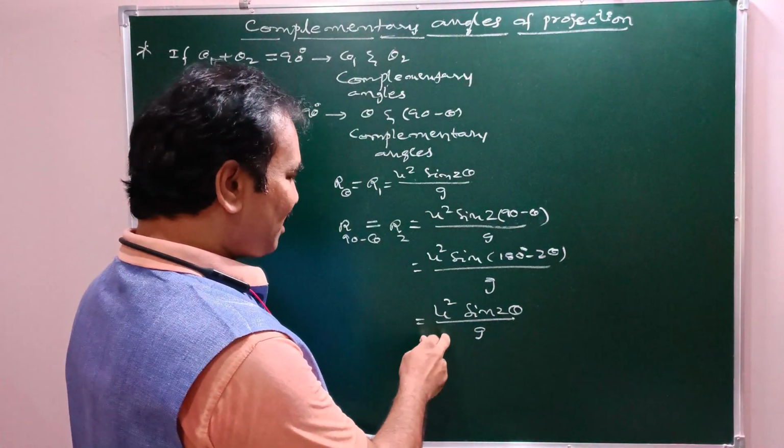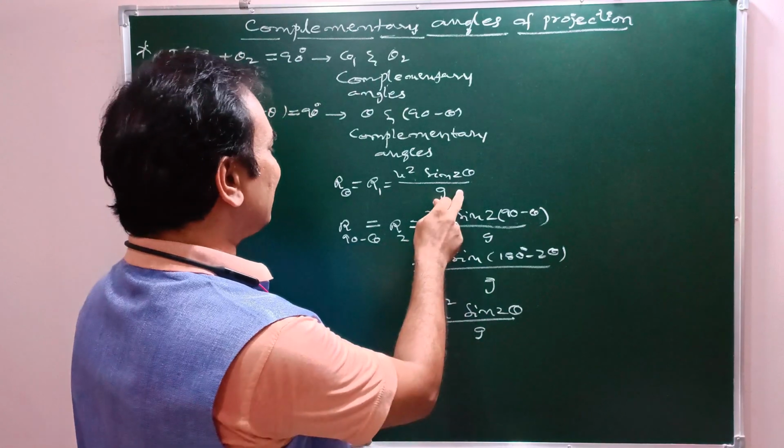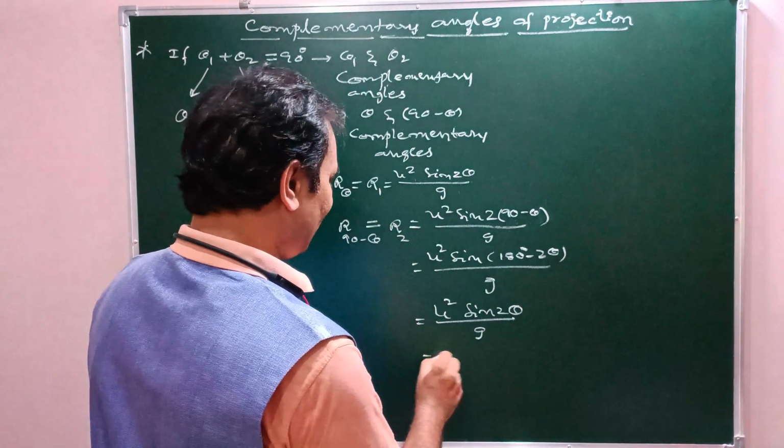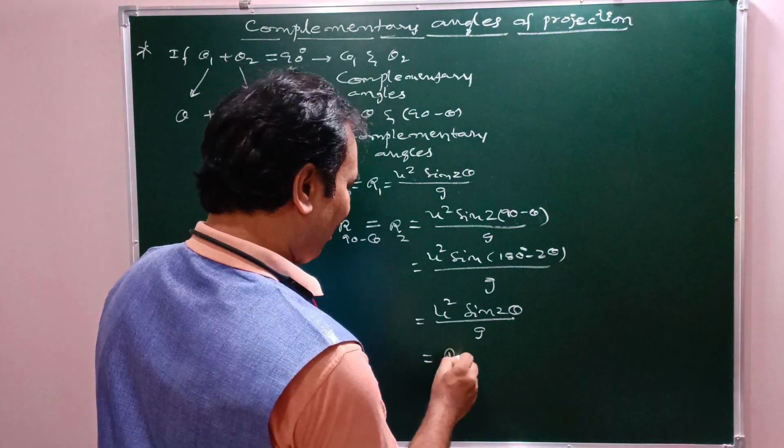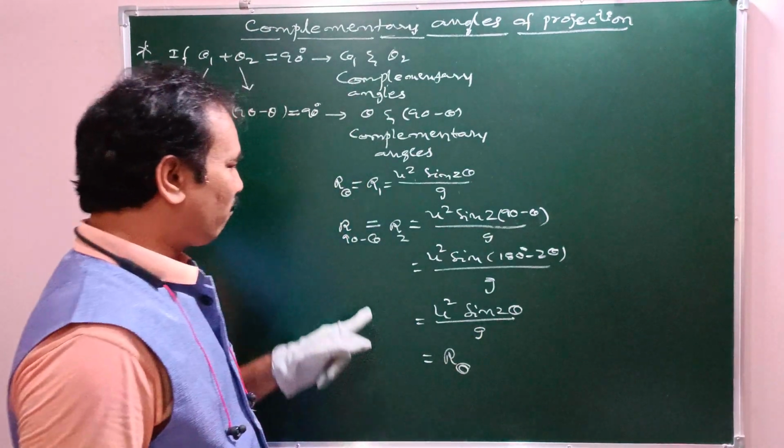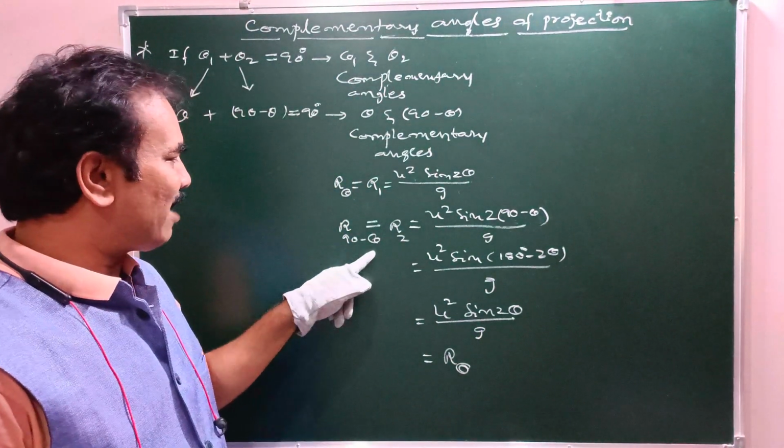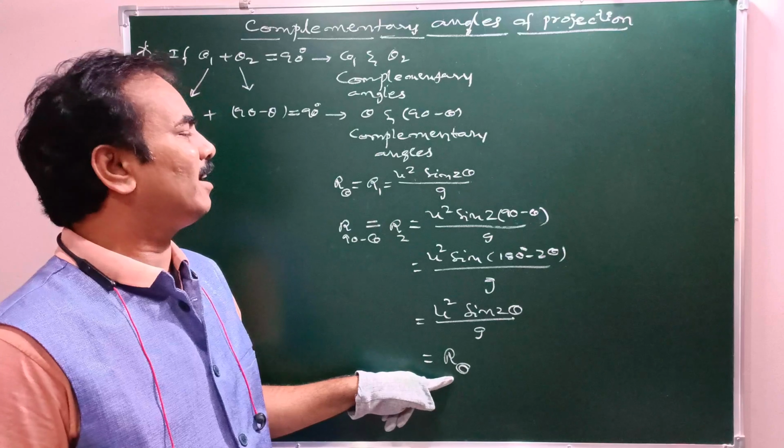So U square sine 2 theta by G is nothing but R at theta. Therefore, LHS R at 90 minus theta becomes equal to R at theta.